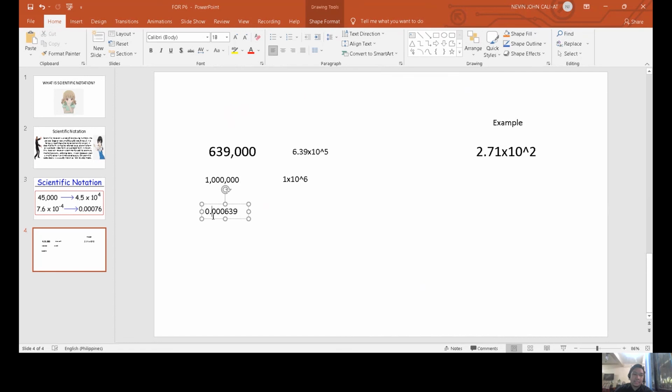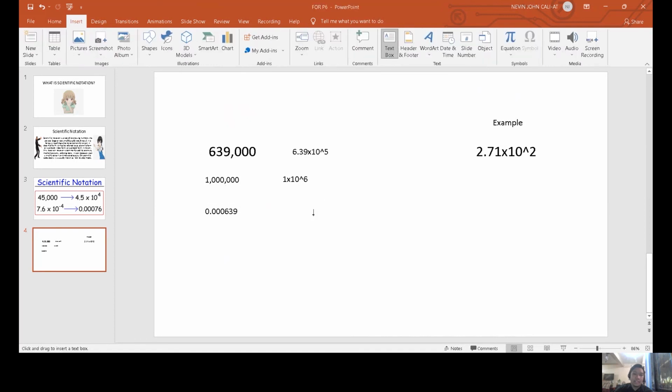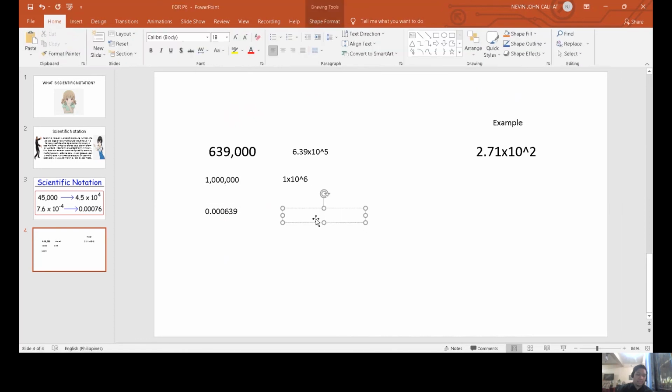We move this decimal point to the right: 1, 2, 3, and 4. So that makes it 6.39 times 10 raised to negative 4. Again, like I said, the exponent is negative 4 because we moved from left to right.